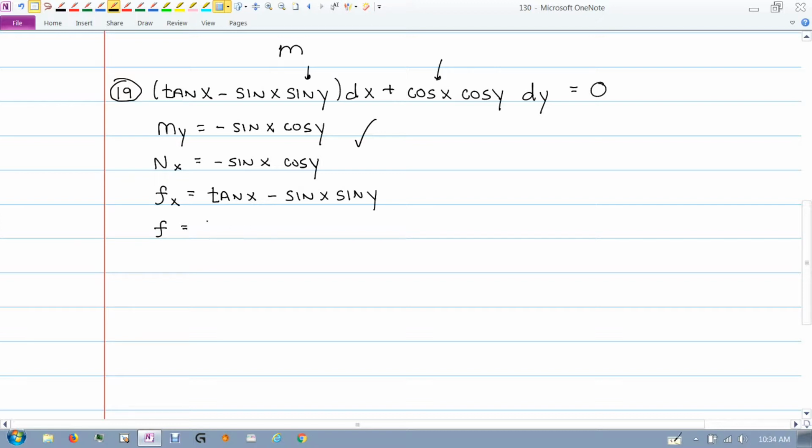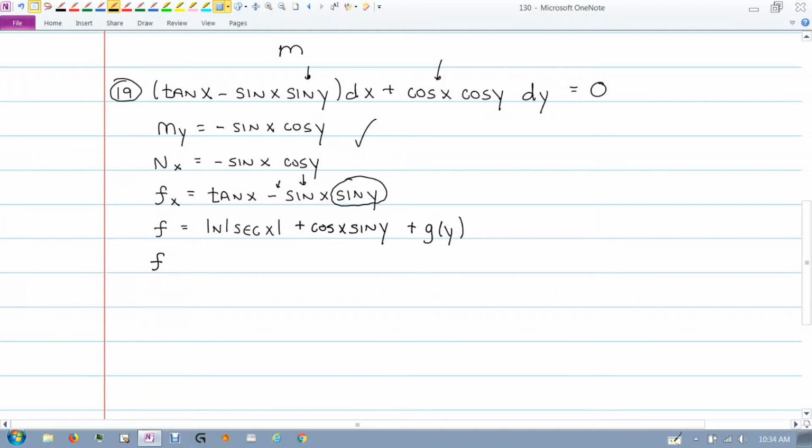This turns out to be natural log of secant x. And then minus, now remember sine y here is a constant because we're integrating with respect to x. So I just need the antiderivative of negative sine x, which is cosine x. So I'm going to put plus cosine x sine y, plus some possible function of y.